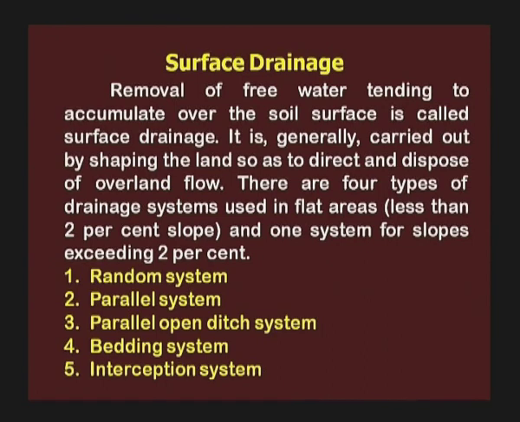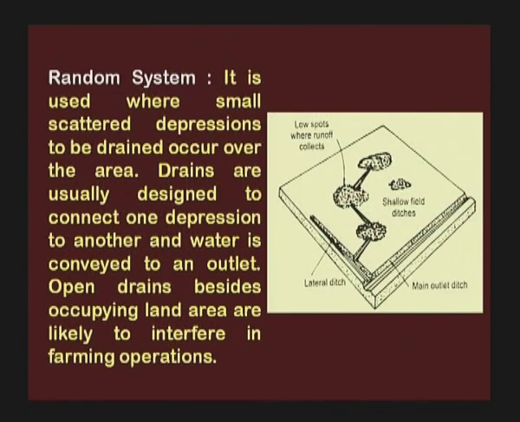Random system, parallel system, parallel open ditch system, bedding system. These 4 systems are used in comparatively flat areas, and the interception system is being used in sloping areas. Random system.